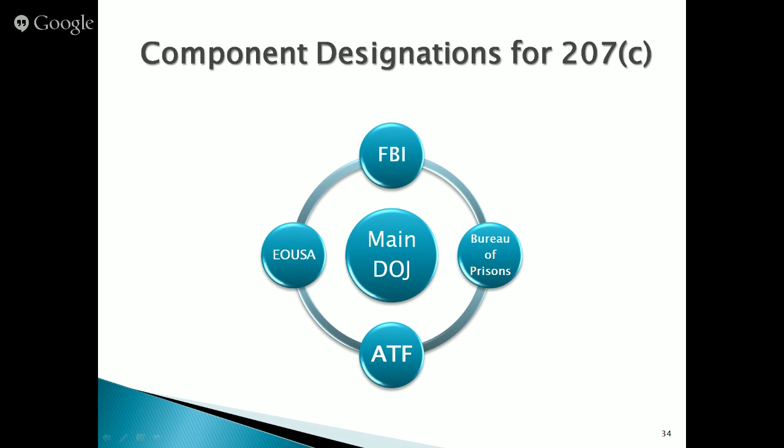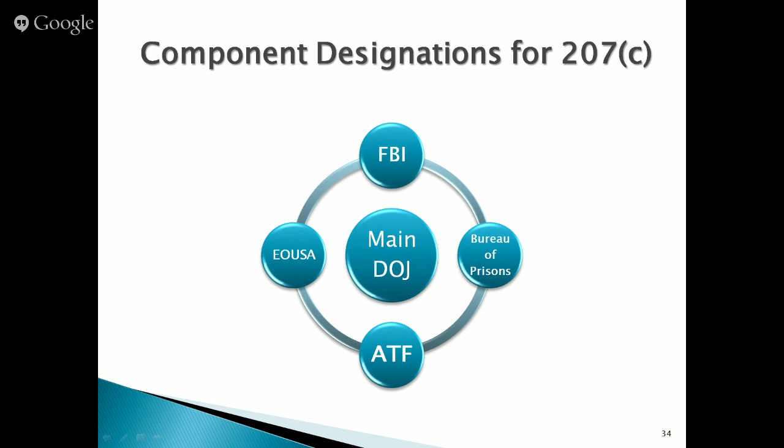So for purposes of our drawing, people in Main Justice only have a restriction with respect to that big circle in the middle, and anything else that may not have been designated as separate. So things are assumed to be part of the whole unless they're designated as separate from the whole.